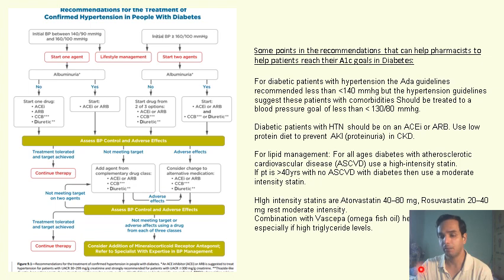So adding the fish oil, especially if patients have high triglycerides, has been shown to reduce the CV risk significantly versus a statin, specifically for Vascepa, as a new study just came out.